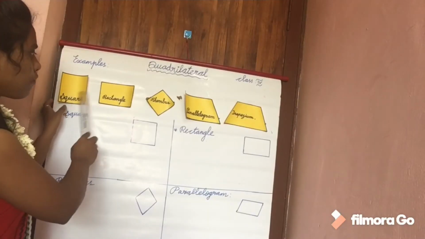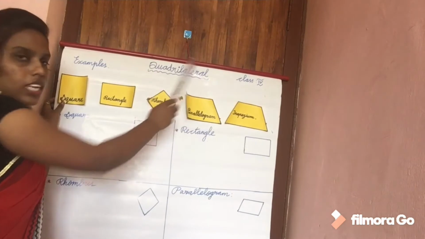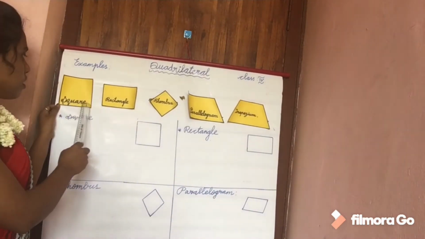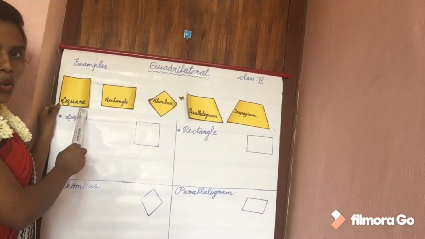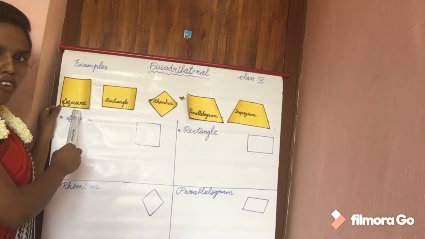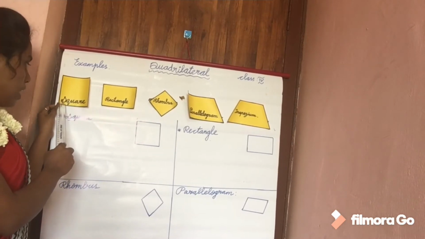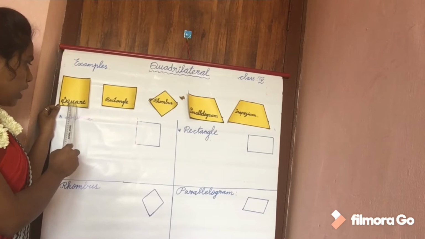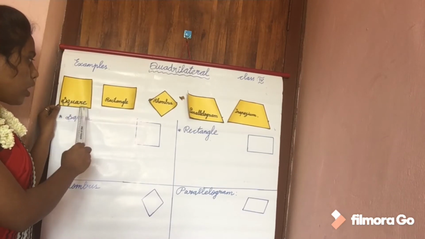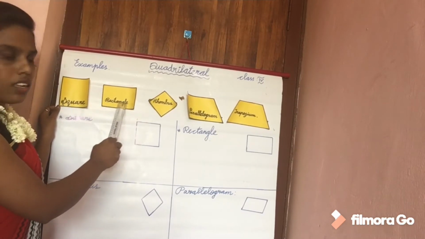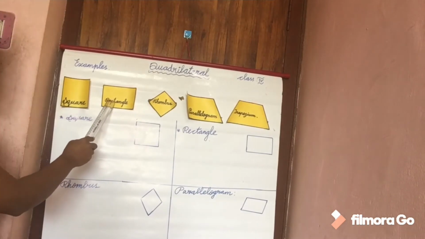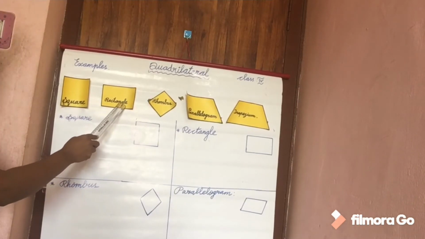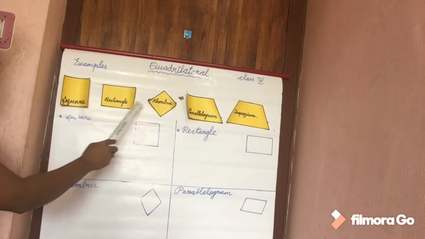Children, can you see the five examples of quadrilateral? The first one is square. Repeat the spelling after me. Square, S-Q-U-A-R-E. Rectangle, R-E-C-T-A-N-G-L-E.